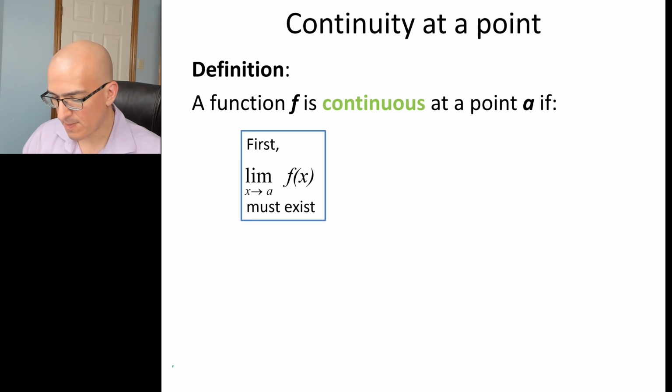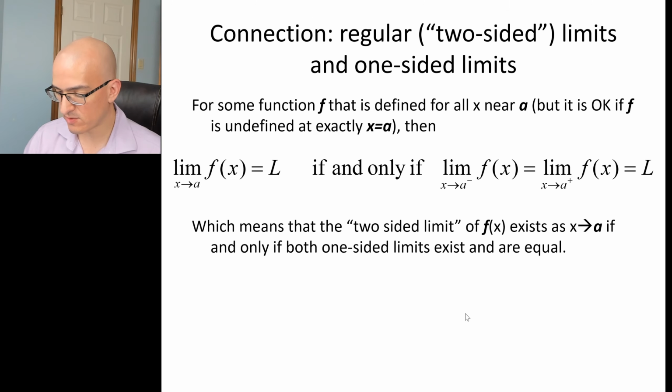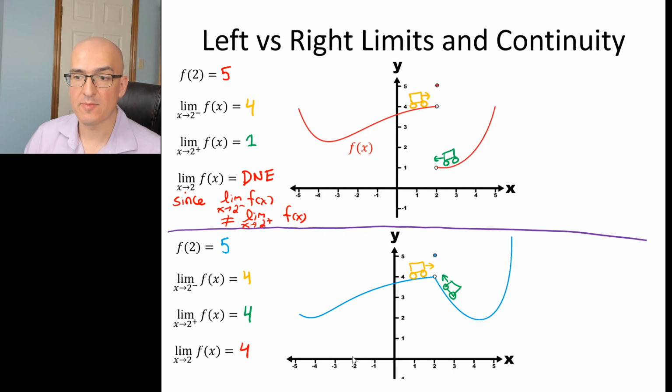The other piece we need is we need that value L to be equal to the value of the function at that point. And you can think about the second example here, the one on the bottom. That function has a limit that exists, but it fails to be continuous because the value of the function at x equals 2 is 5.